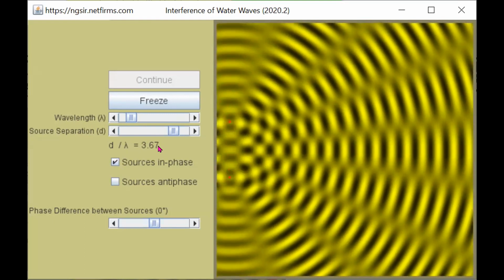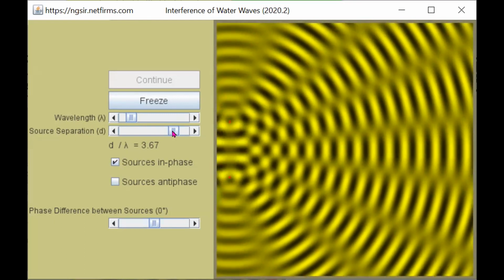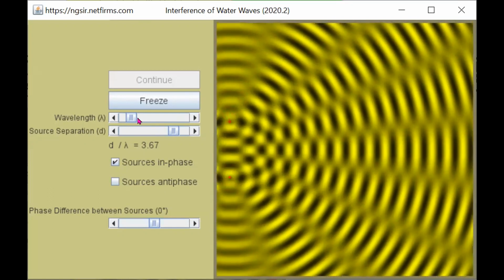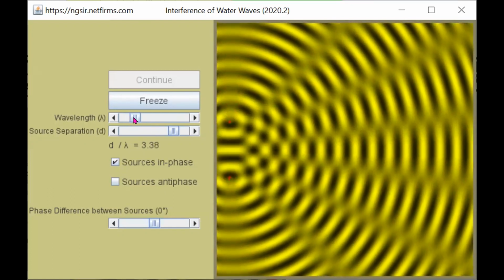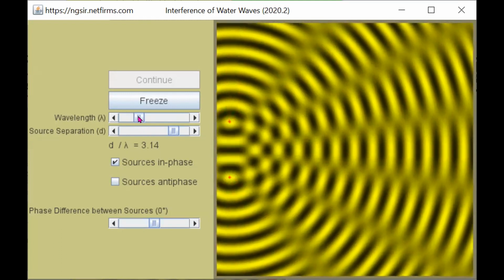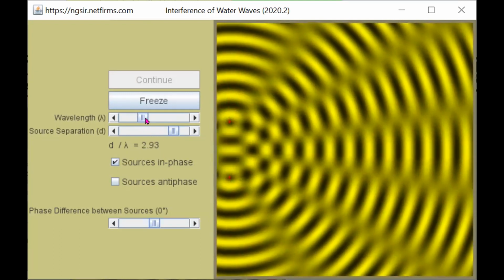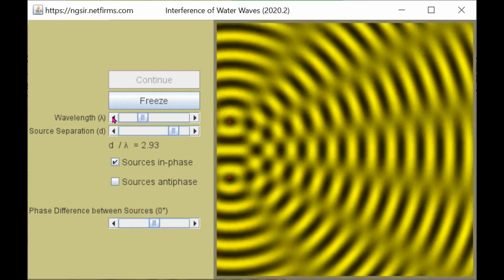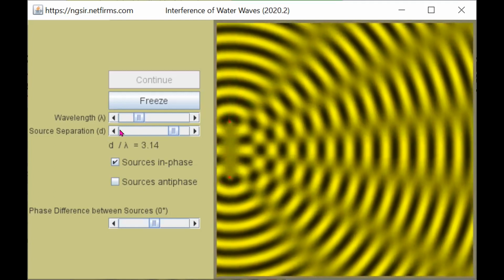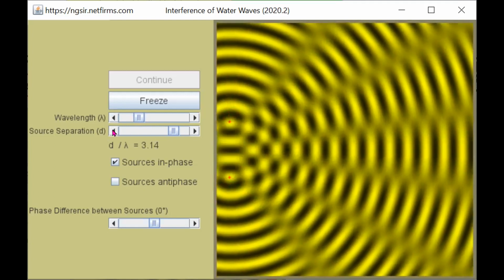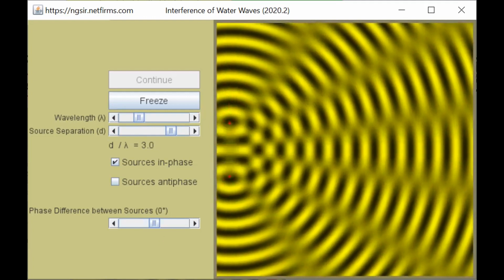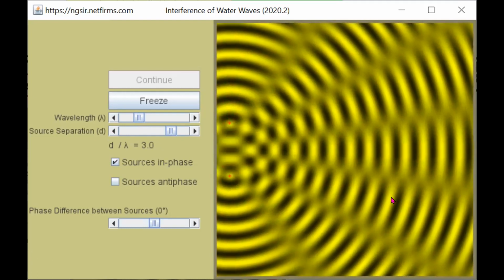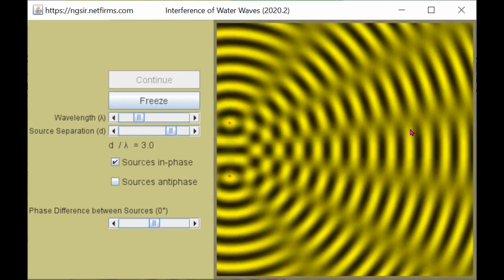We got 3, so I'm going to have to change this to try to get a value of 3. So if I make my wavelength longer, that's 314. Let's see if I can. Oh, look at that, 3.0. Nice.